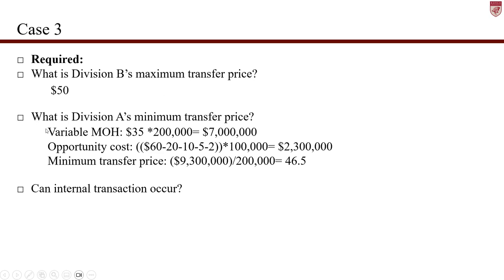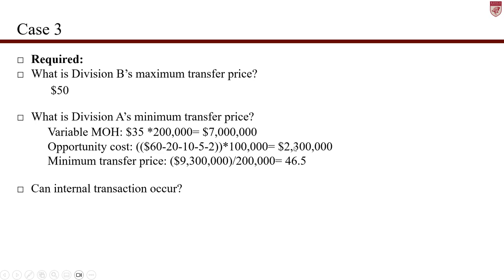So right now, let us think about an aggregate cost term instead of per unit cost. The variable manufacturing cost will be 35 times 200,000 units, so $7 million, right? And the opportunity cost would come from the contribution margin lost by not selling to the external market by 100,000 units, which is the excess capacity, right?